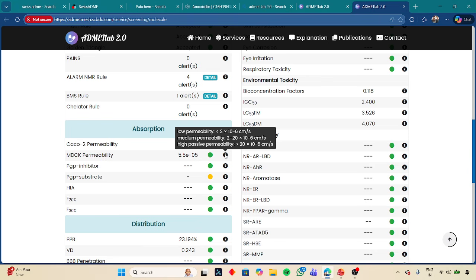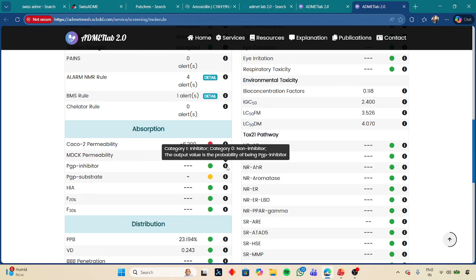There are three different permeability regions: low permeability, medium permeability, and high permeability. This drug comes under the class of medium permeability. Then the P-glycoprotein inhibitor, with category 0 being non-inhibitor. The output value is the probability of being a P-glycoprotein inhibitor.